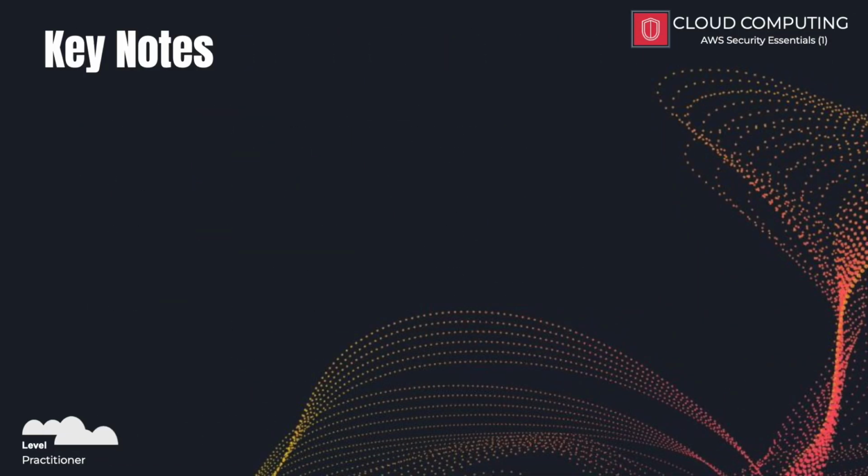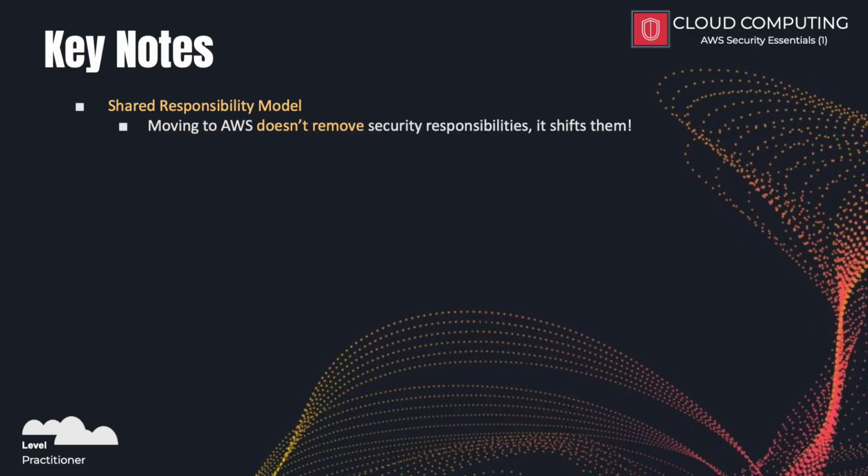Okay, let's summarize the key notes you should remember from this video. The first key concept to remember is the shared responsibility model. You should remember that moving to AWS doesn't remove security responsibilities, it shifts them. Think about the security pillar in the AWS Well-Architected Framework.